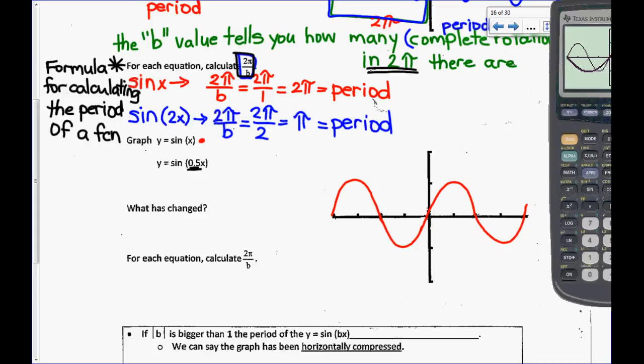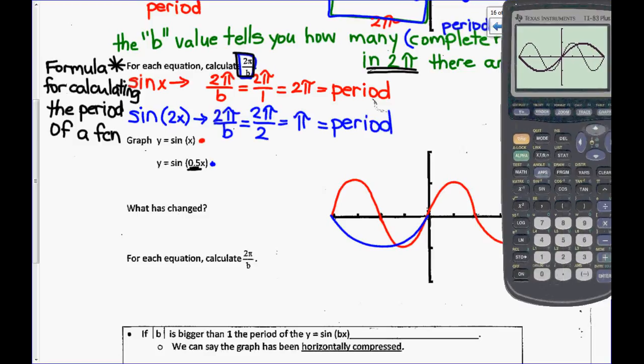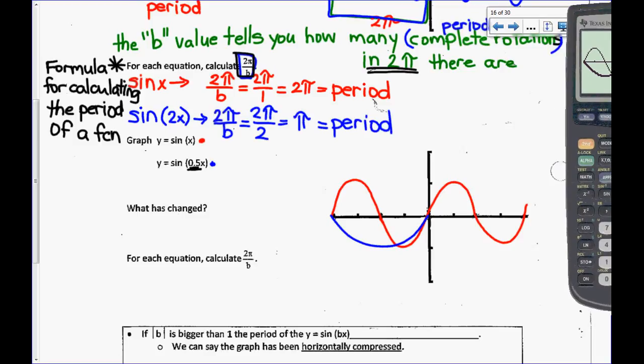And then I'm going to use blue for the second function, and that's very interesting. It goes like this, and then it goes like that. So what has changed here?